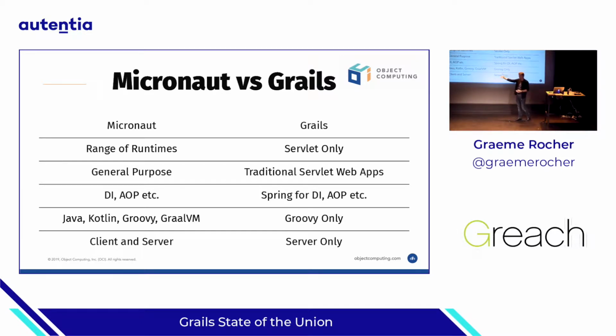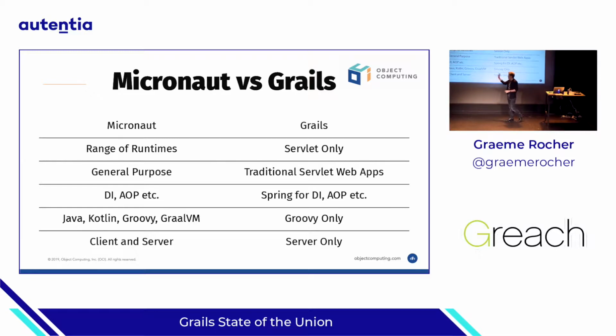Micronaut is general purpose. So whatever type of application you're building, we even have a team internally at OCI that are using Micronaut to build a Swing application. So you can use it for anything. It's completely general purpose, while obviously Grails is focused on traditional servlet web apps.